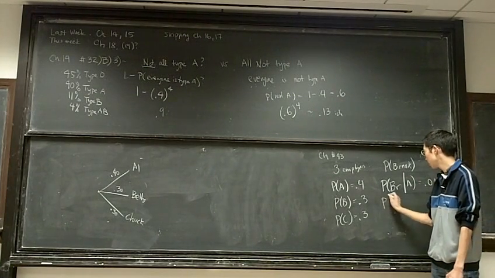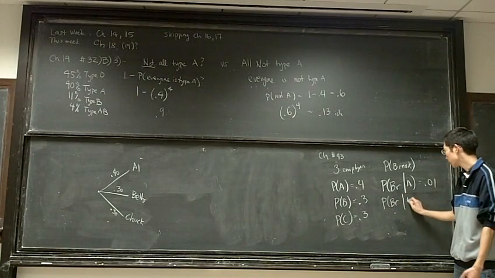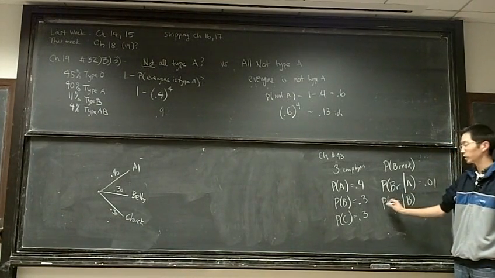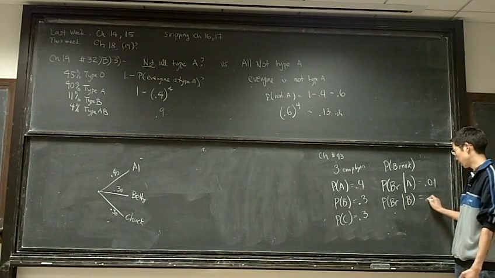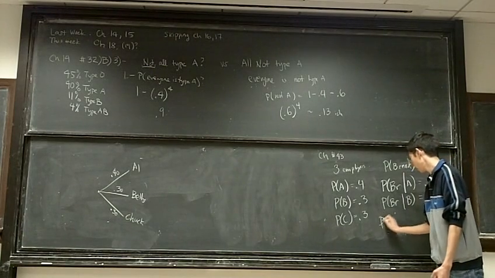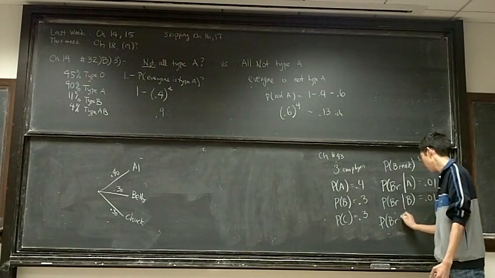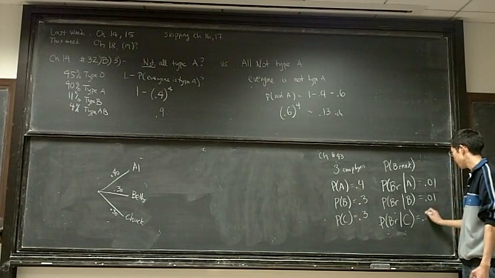And the probability of breaking a dish given Betty is also only 1%. And the probability of breaking a dish knowing that it was washed by Chuck is 3%.